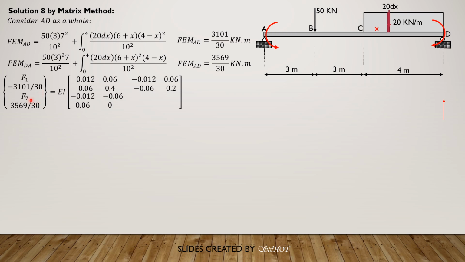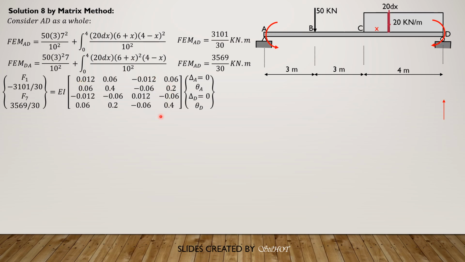And reaction here at D is not important because the displacement at D is 0. The vertical displacement at D is 0. Then the nodal load, which is opposite to this direction, is counterclockwise, and it is positive 3569 over 30.